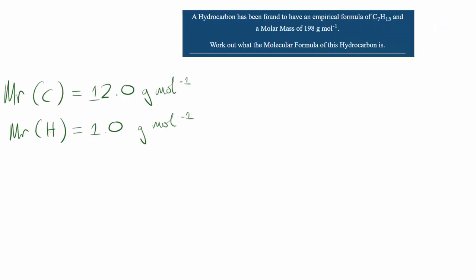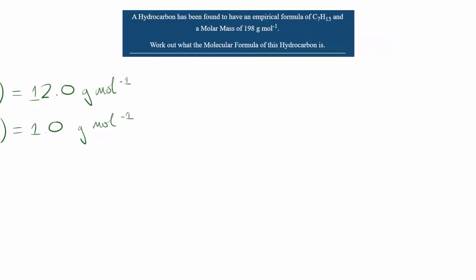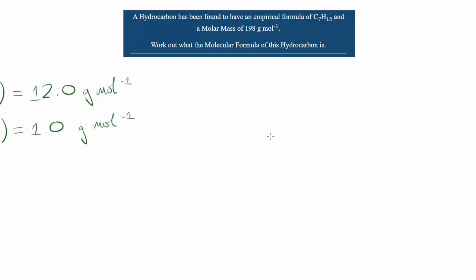Given that, we are now going to do a calculation to work out the molar mass of our empirical formula. We're going to multiply the molar mass by each of the constituent coefficients with respect to that specific element, and then do the same for the other one. We're going to sum those.